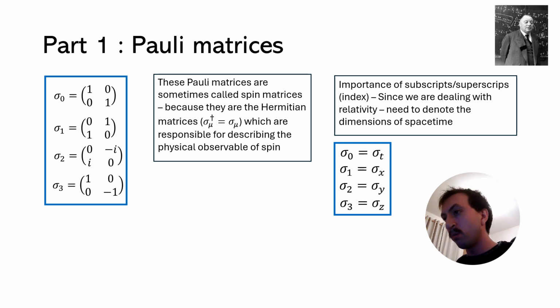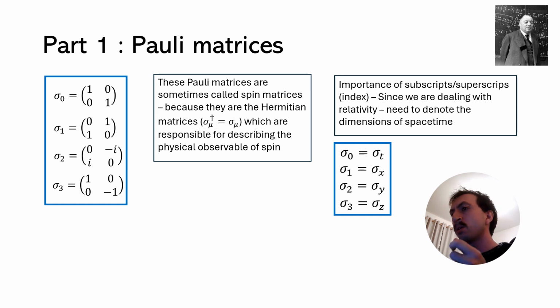So, for example, if we find the Hermitian conjugate of sigma 2, to find what we get when we act the dagger operator on sigma 2, we first have to transpose it, which would flip the i with the minus i, but then once we'd taken the complex conjugate of the transposed matrix, we would be left with sigma 2, so we would get back to where we started. So all the Pauli matrices, including sigma 0, are Hermitian.